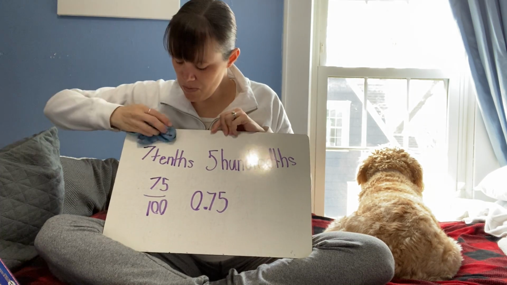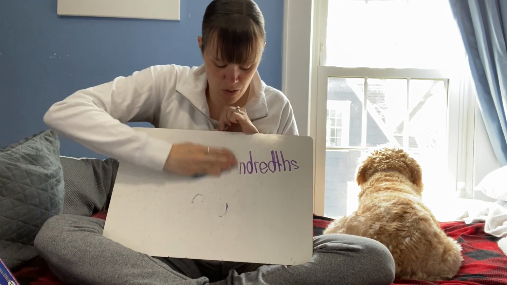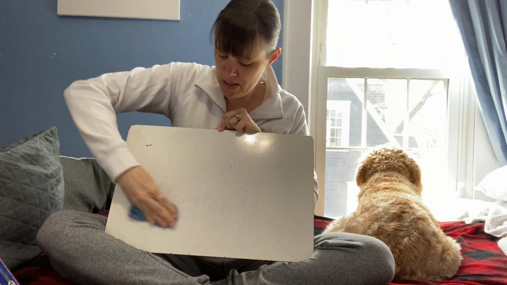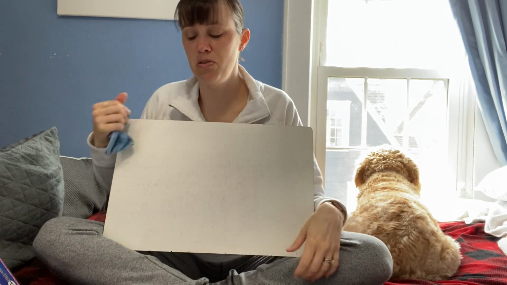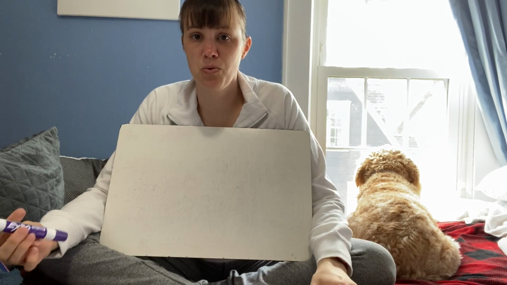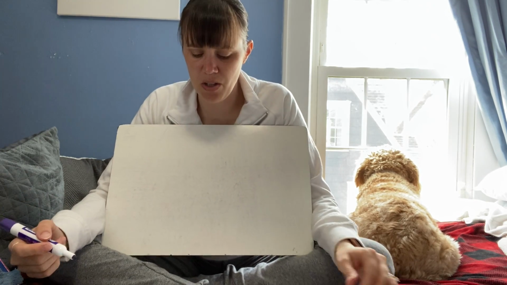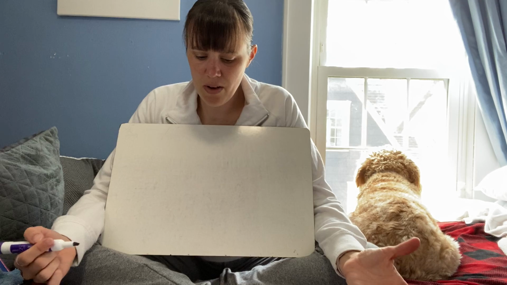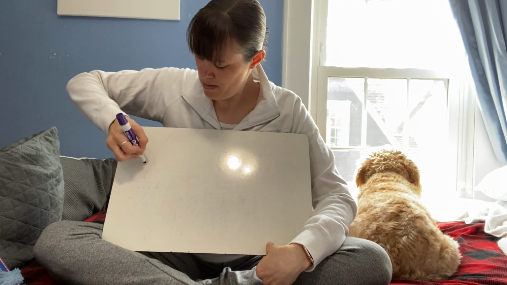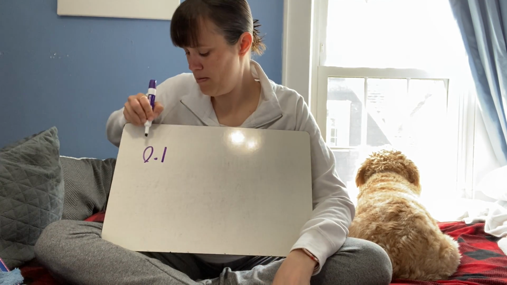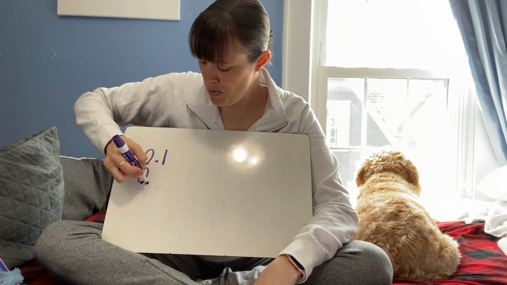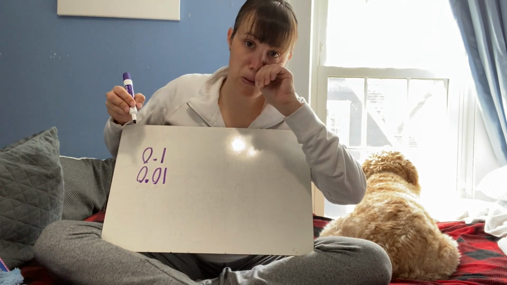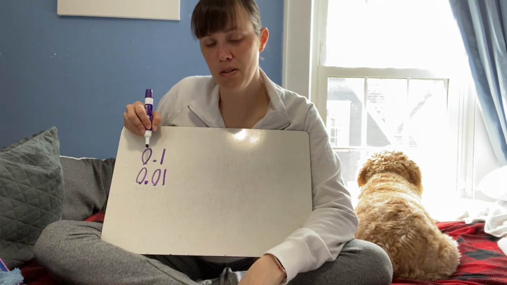Okay, so now in number 3, we're going to go back to our place value discs. I actually have some of these at school, but they would be way too small to try to use here. So we have our place value discs. 0.1 stands for 1/10, okay? 0.01 stands for 1/100th.